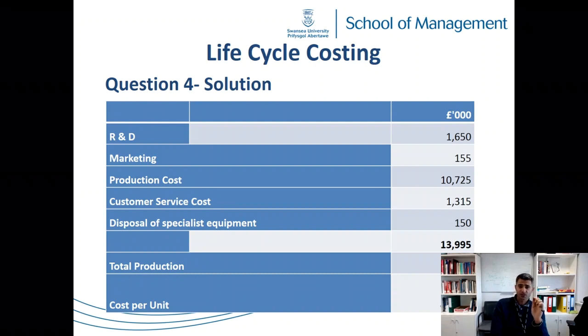The total over the 4 years for research and development is 1,650. Marketing, 155. Production cost, 10,725. Customer service, 1,315.